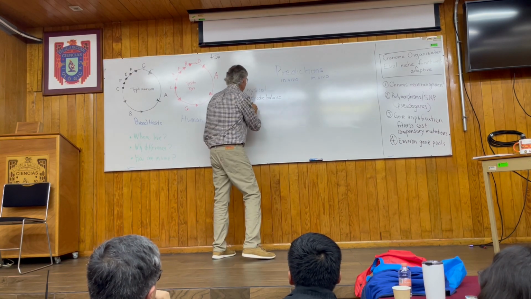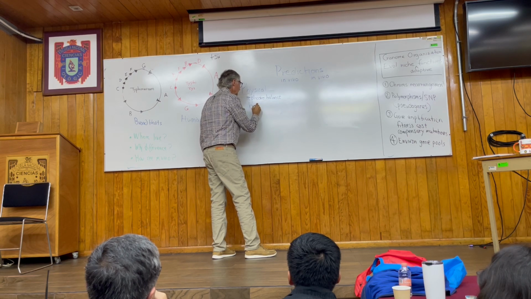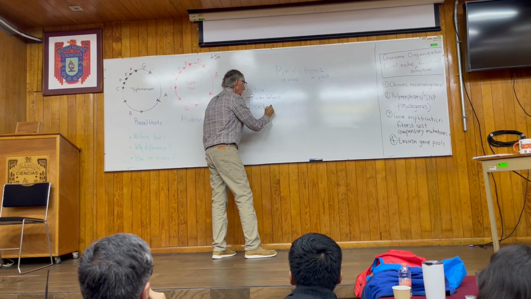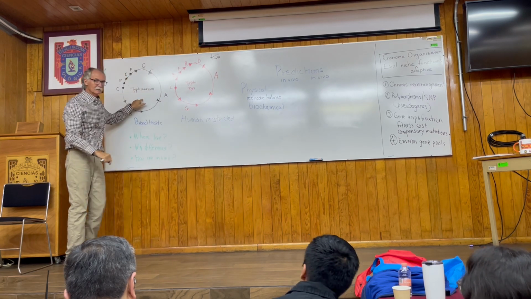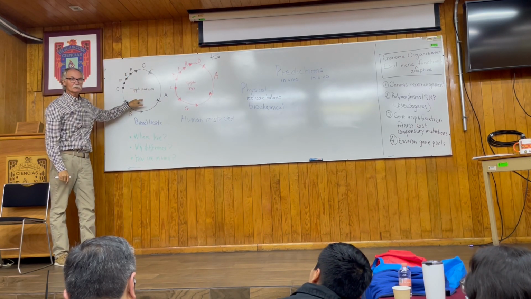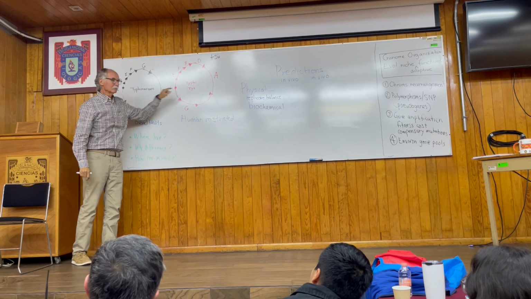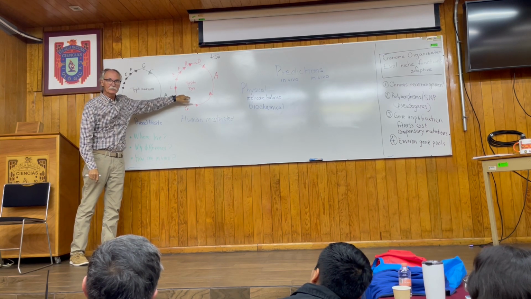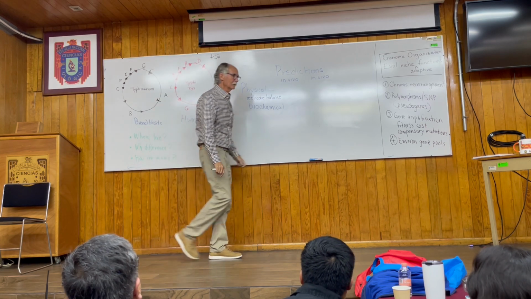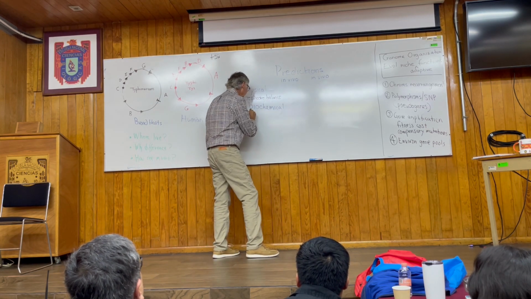Another possibility was that there's a biochemical difference. Maybe this has an enzyme that promotes the recombination, or this one doesn't have that enzyme and this one does. Okay, so that's a possibility. And a third thing is that there's a difference in the ecology.